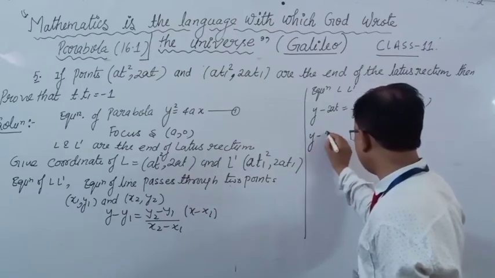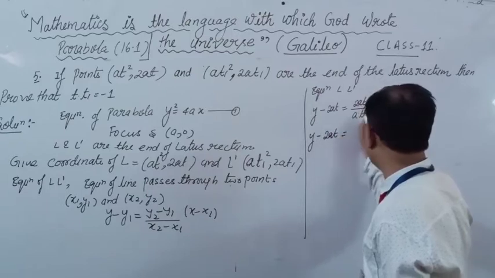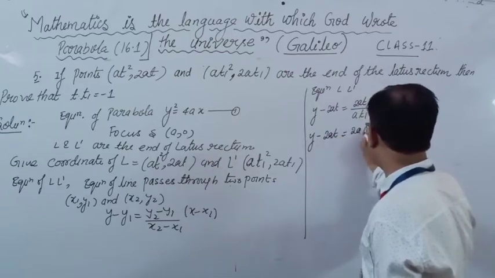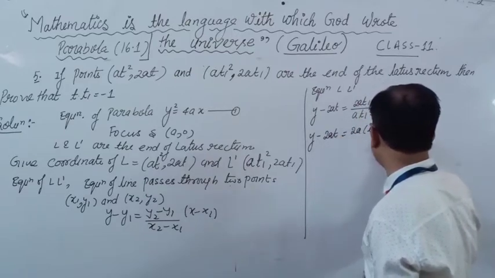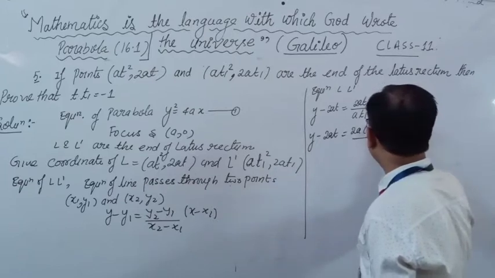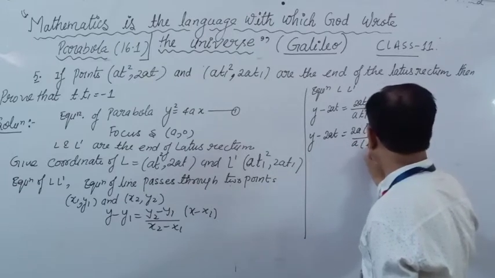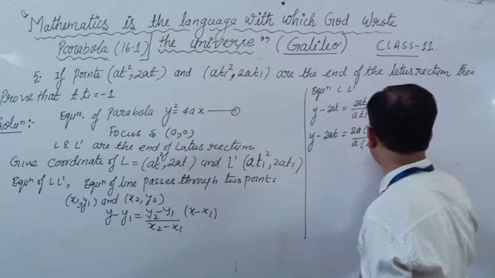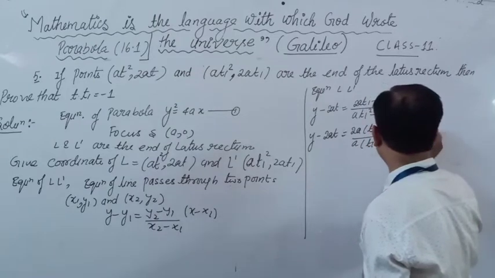So y minus 2at is equal to, here 2a is common, t1 minus t upon a is also common, t1 square minus t square, x minus a.